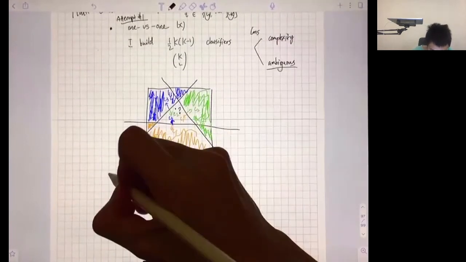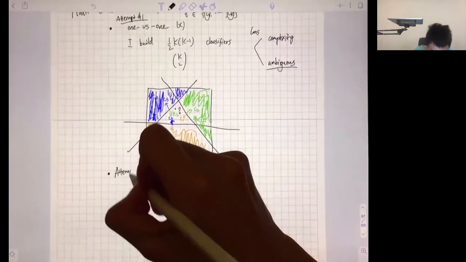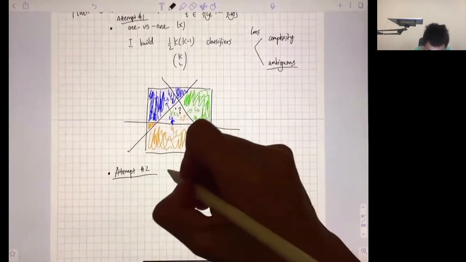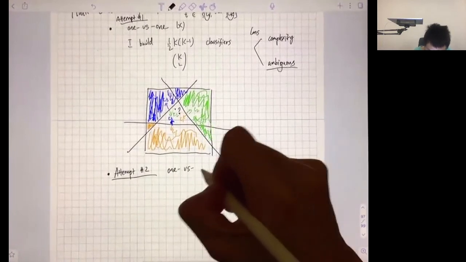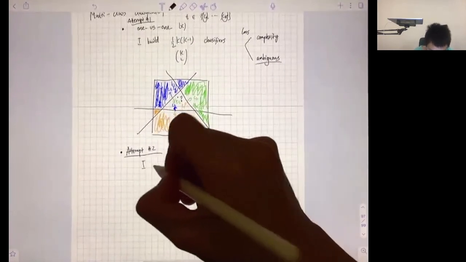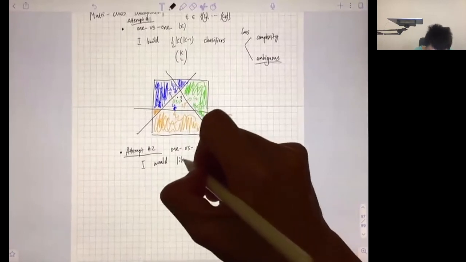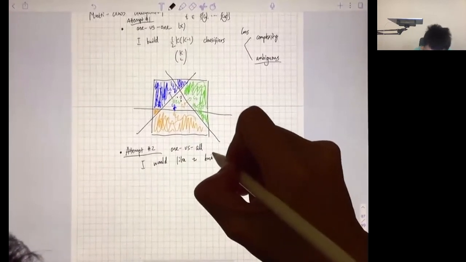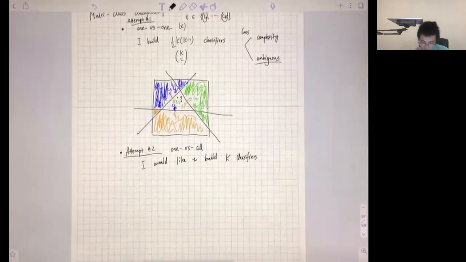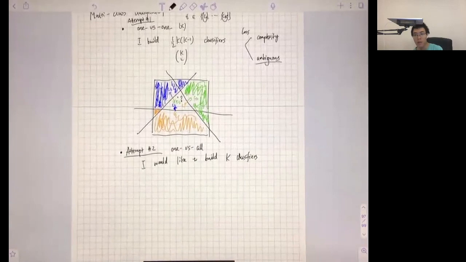Another attempt is 1 versus all. In this case, I would like to build still K classifiers for K categories, okay? And each will determine whether this sample may be classified as category k. So maybe category 1 says, okay, you are good. Category 2 says, okay, you are also good.